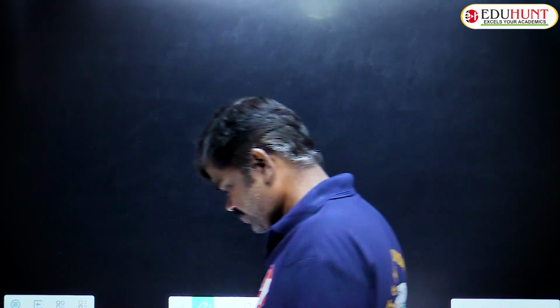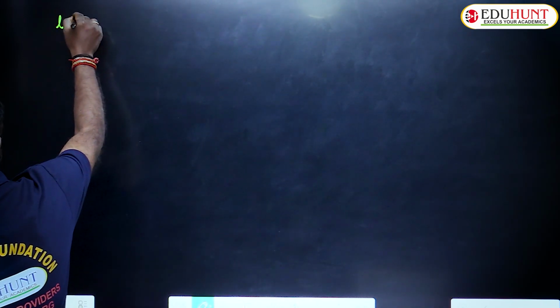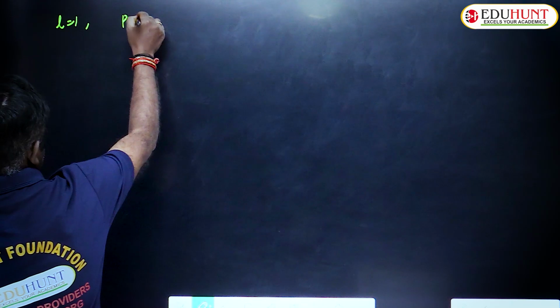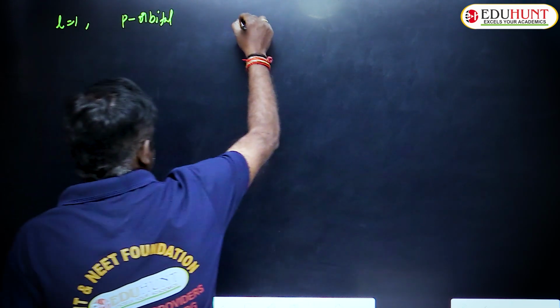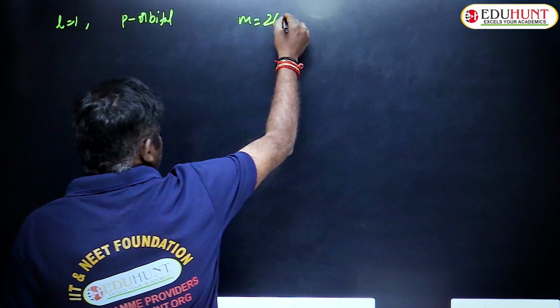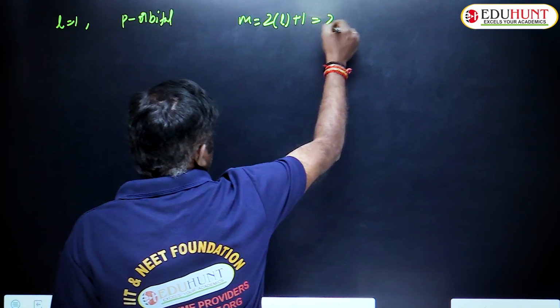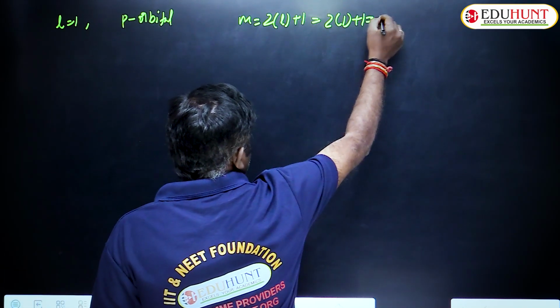Now, take the p orbital, that is L is equal to 1, it is known as the p orbital. Number of spatial orientations, M is equal to 2L plus 1, that is 2 into 1 plus 1, 3.